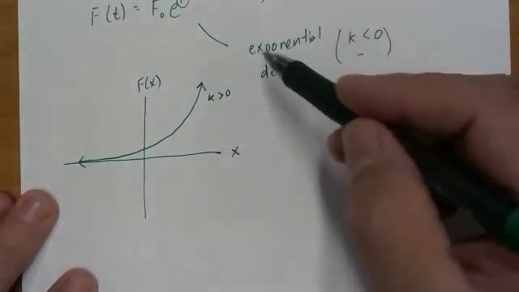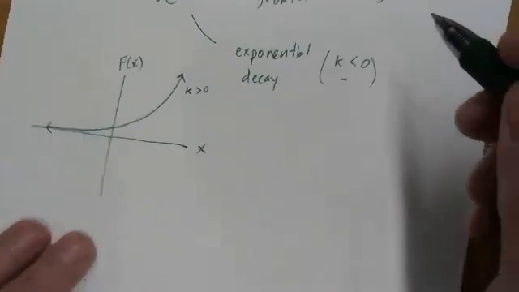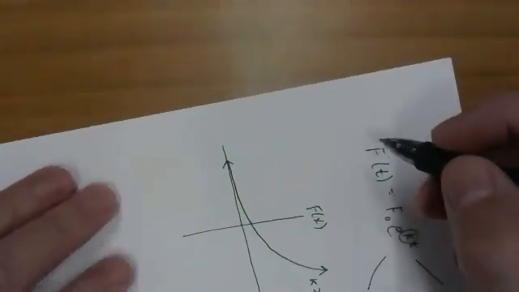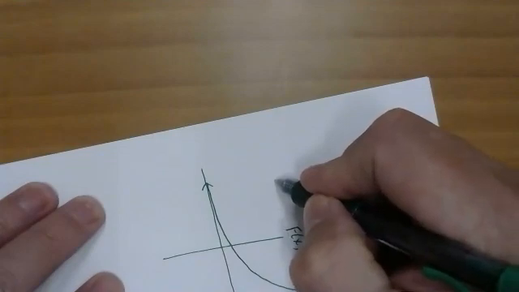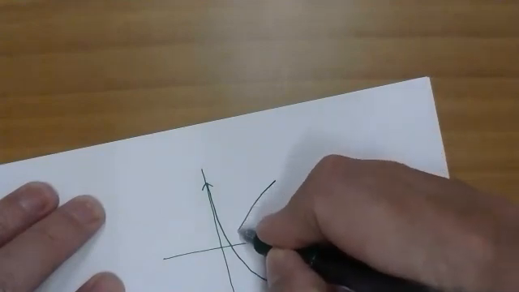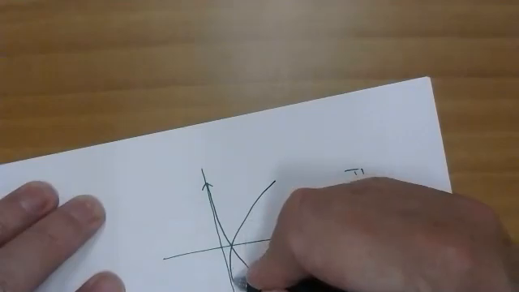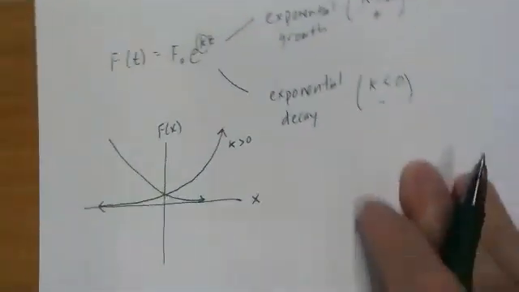What does it look like for exponential decay? Well, it looks almost the same. It's almost like a mirror image. This may not be a perfect graph.